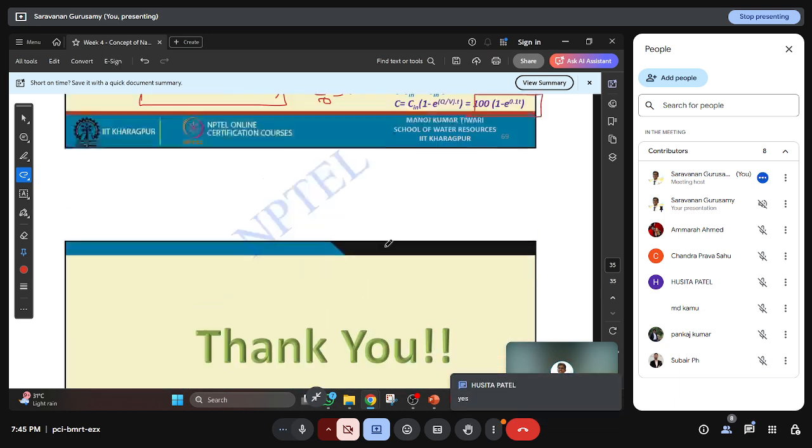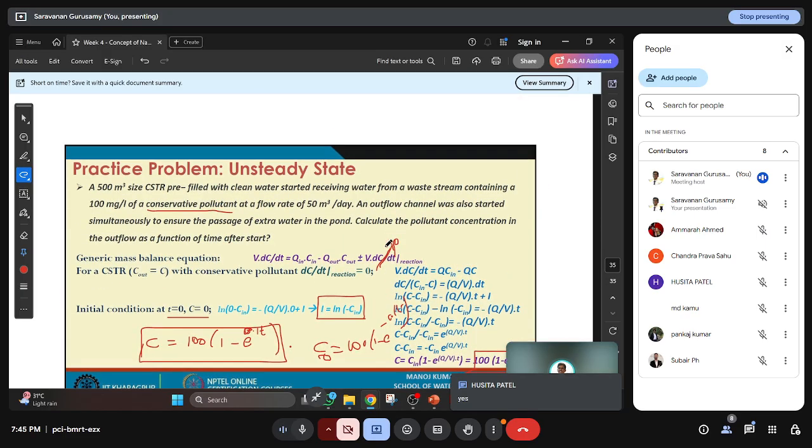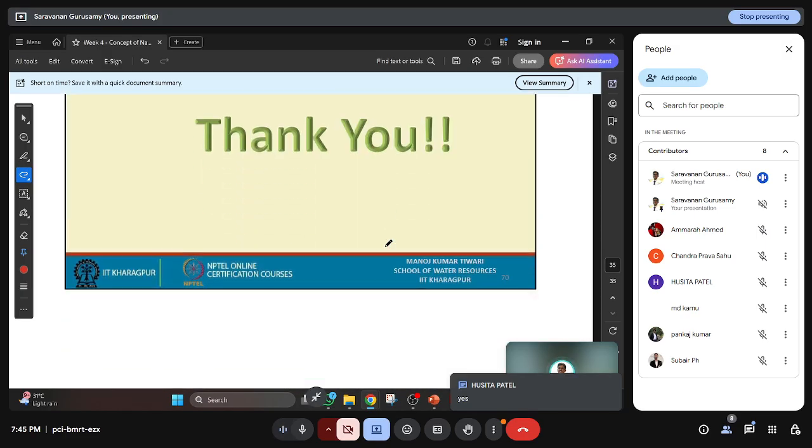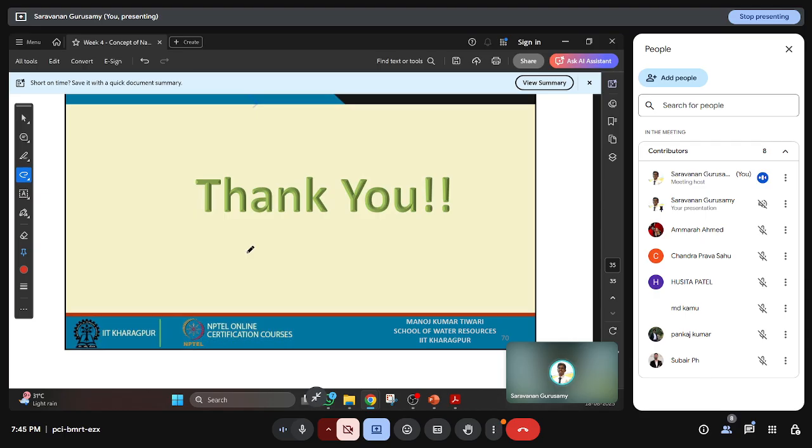So that's all about the lecture material. The whole formula we have discussed today: in the BOD we have discussed L_t equal to L naught into e power minus kt, where t is time. If you want the BOD exerted at any time t, it is equal to L naught into 1 minus e power minus kt.